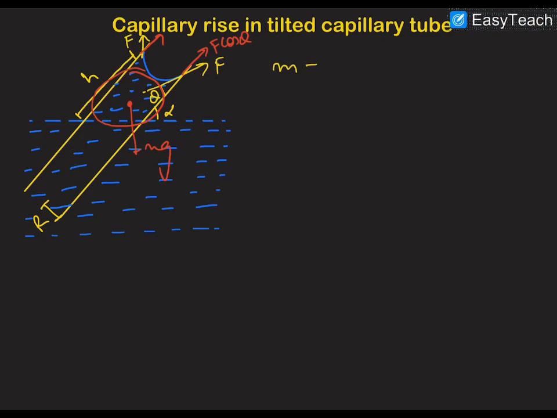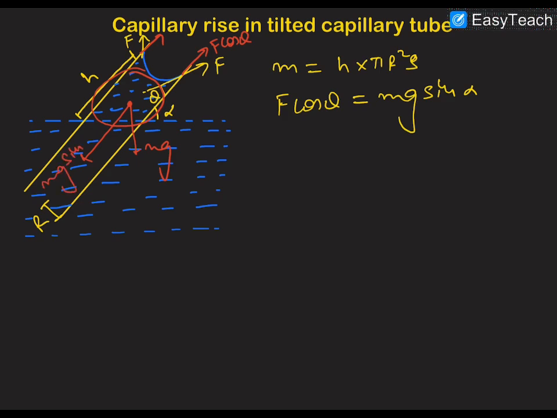So considering it as a cylinder, m would be equal to h into pi R square rho, and F cos theta would be balancing out this mg sine alpha, because the component along the tube will be mg sine alpha.